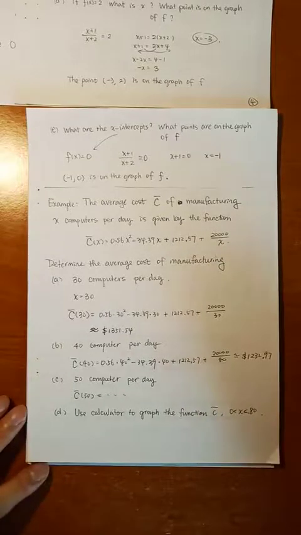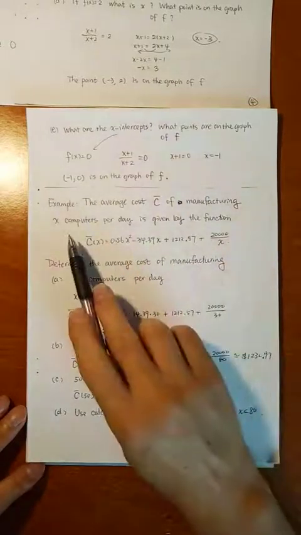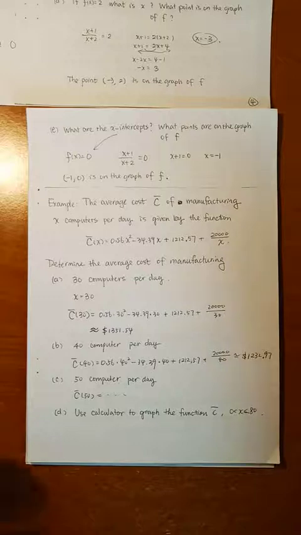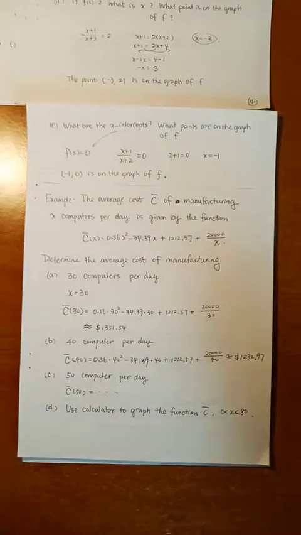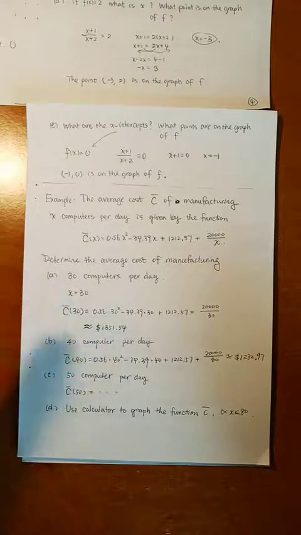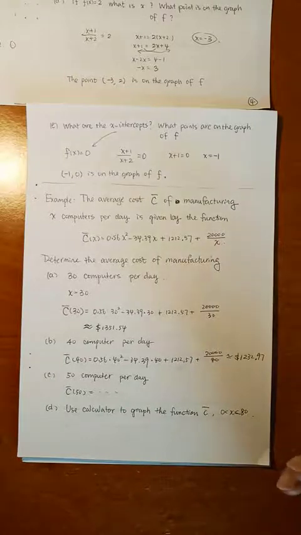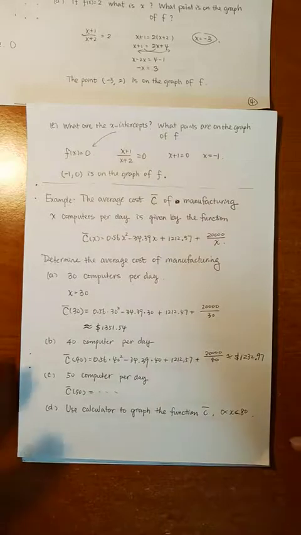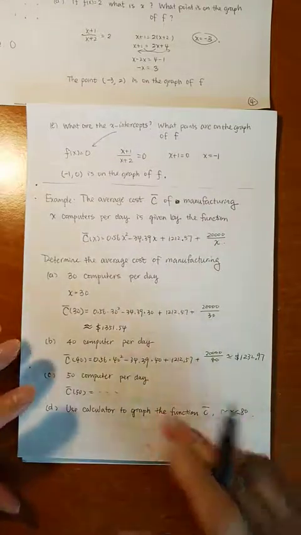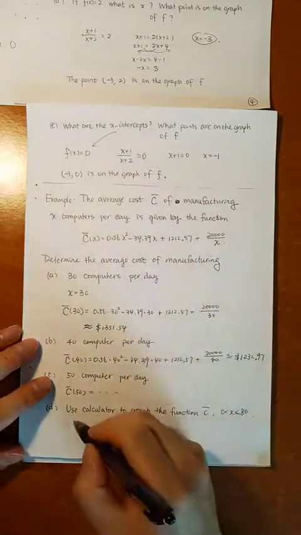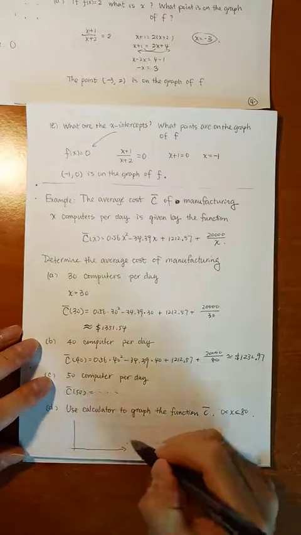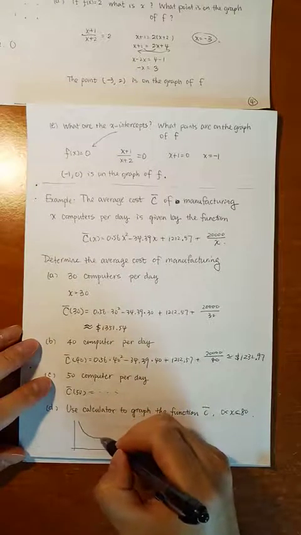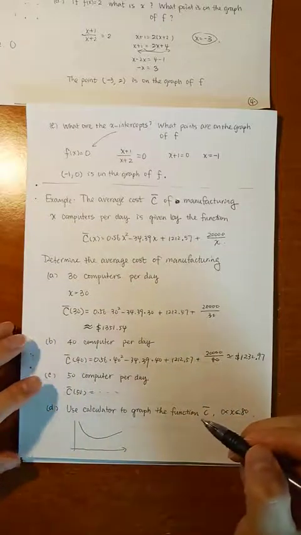Even though in this problem x represents the number of computers, so basically x can only be the natural numbers 1, 2, 3, 4, 5, x cannot be 1/2. We don't have 1/2 computers or pi computers. But when you use a calculator to graph it, the graph will be a continuous curve.